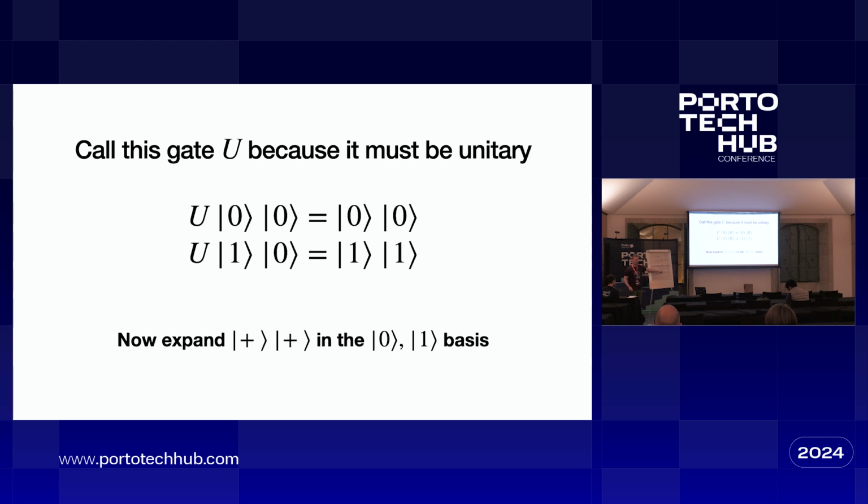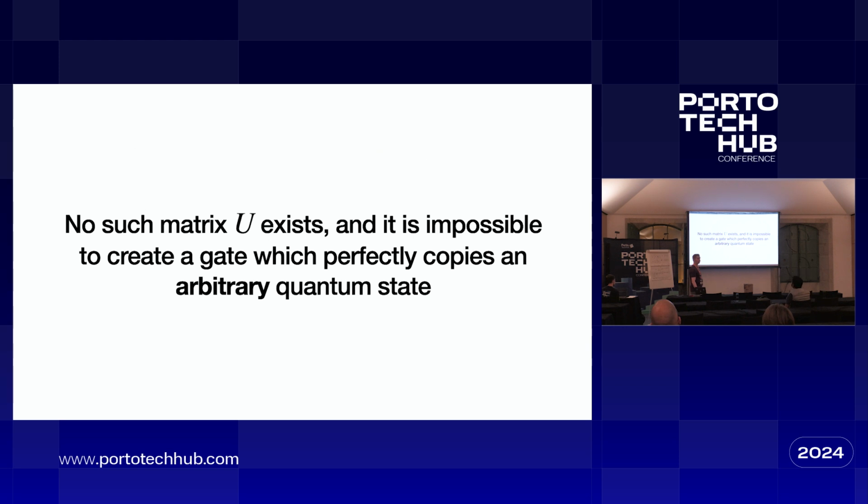There's no way that these are the same state. So is U|+,0> equal to |+,+>? No. There's no such matrix U which satisfies those properties we're looking for. And so it's impossible to perfectly copy a quantum state.